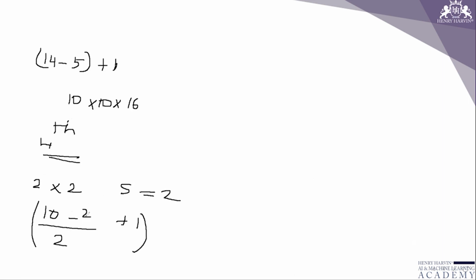So 10 minus 2 is 8. 8 by 2 is 4. 4 plus 1 is 5, right? So what is the number of filters used? The number of filters used is 16. So what will be the output now? 5 into 5 into 16, right? So hope this is clear, right?